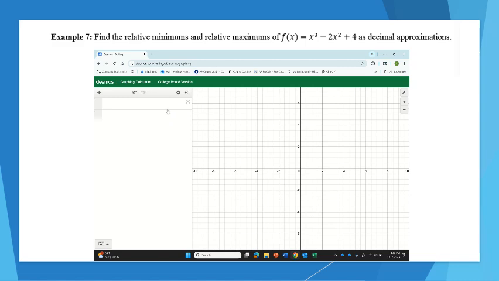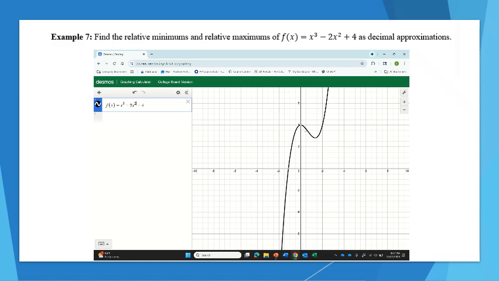All right, so for example 7, which is on the next page, we want to find the relative minimums and relative maximums of f of x equals x cubed minus 2x squared plus 4. There we go.